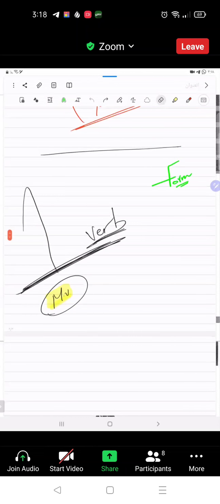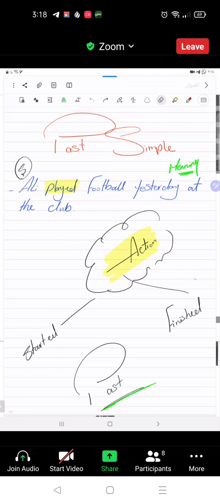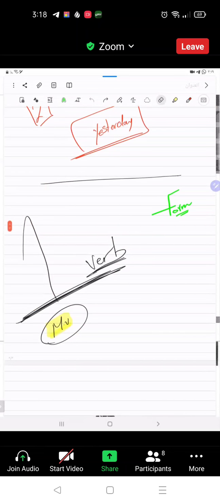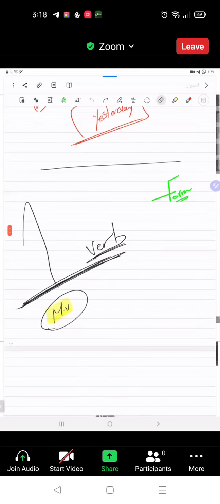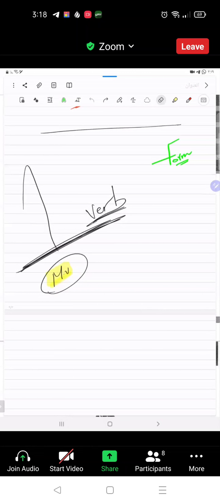Let's move again to the past simple. I told you this is simple, so we must have only one verb, and it also must be a main verb. Okay, so could you tell me, if we are talking about the past simple, which form of the verb will we use? The infinitive, the second form, or the third form?